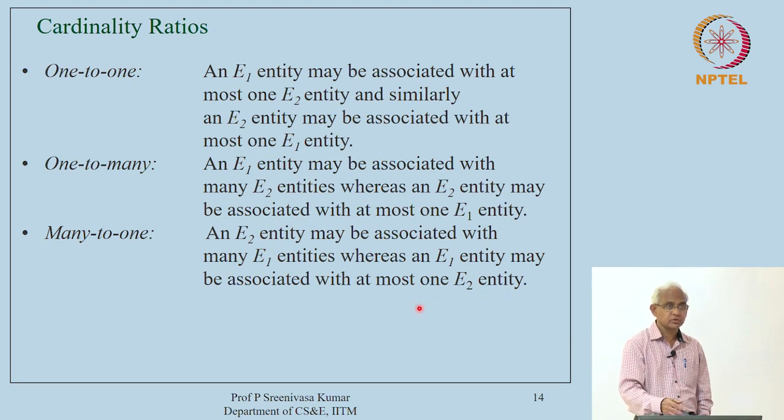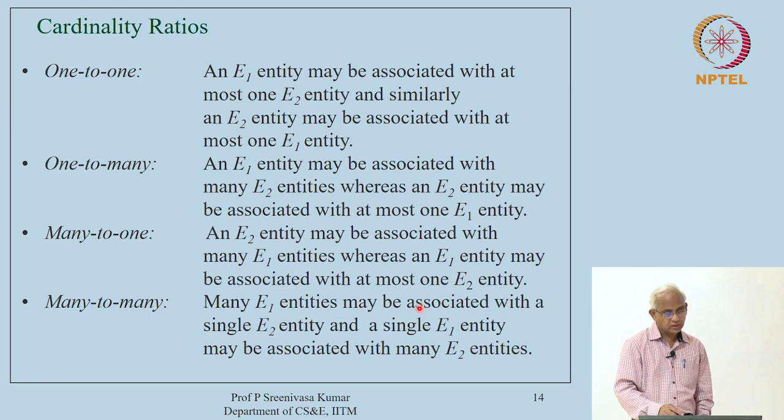I will give you examples of these different kinds in the next few slides. Finally, we have the many to many cardinality ratio, in which many E1 entities may be associated with a single E2 entity, and a single E1 entity may in fact be associated with many E2 entities. We will look at some examples to make these things clear.